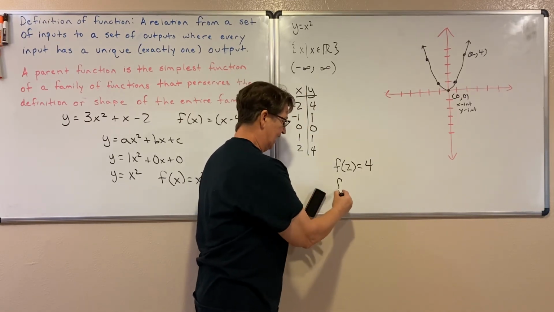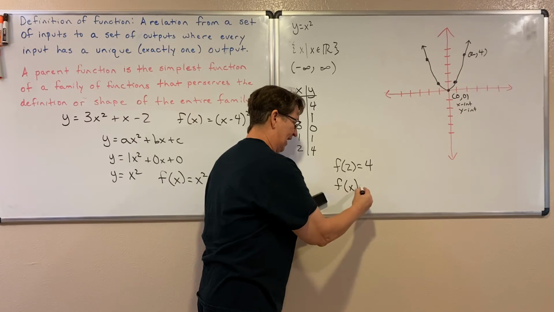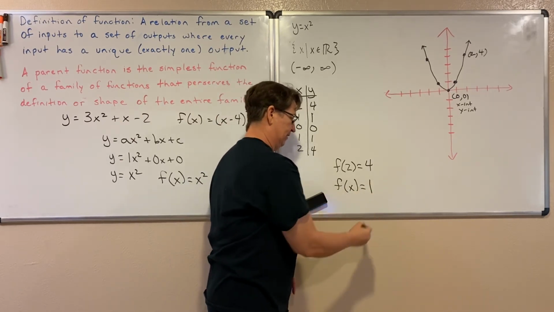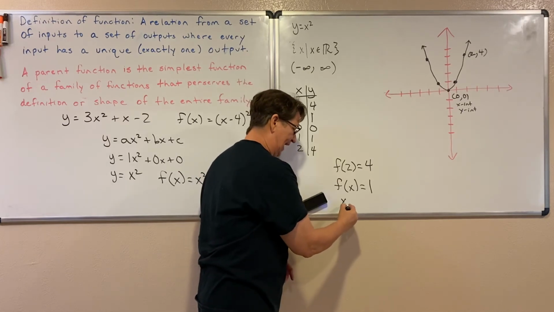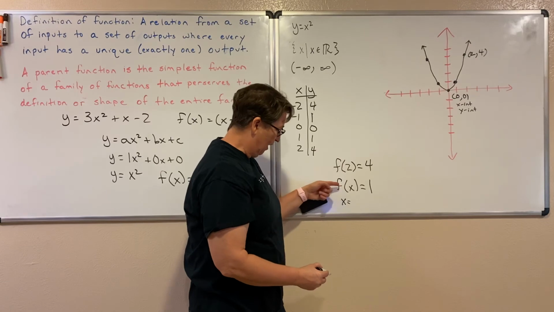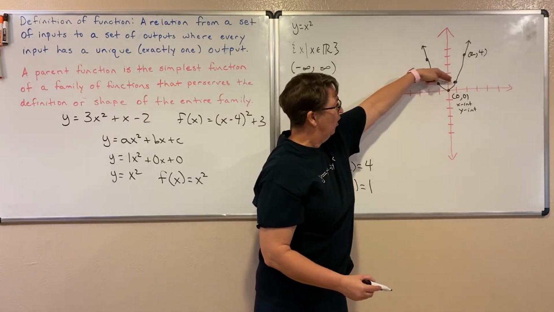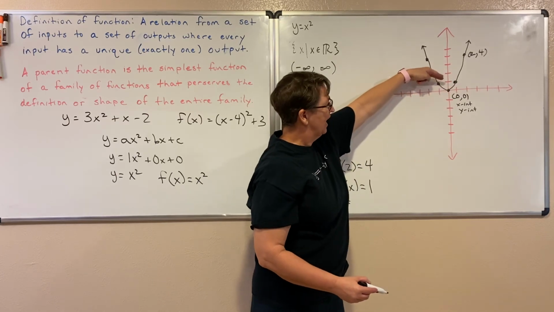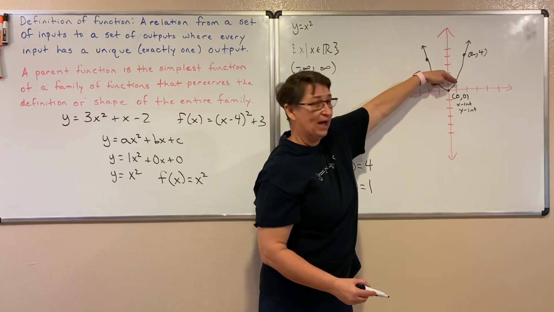Or let's say I said my f of x, or my output value, is 1. Well, then what is my x when my output value is 1? So this is my y. So now I'm looking at my y. When my y is 1, notice that I have 2 points there where y is 1.